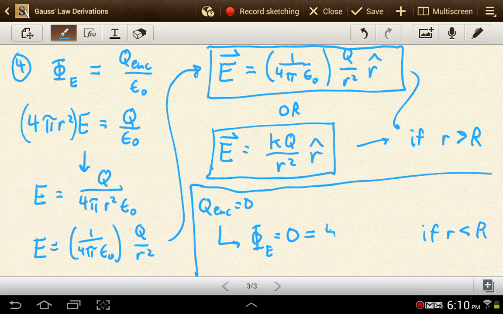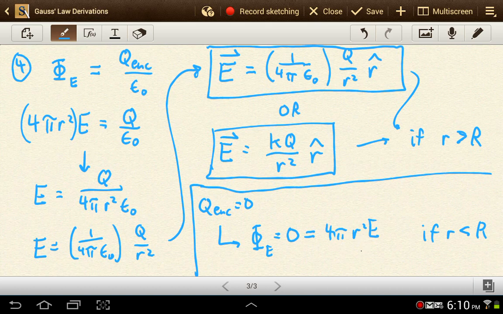And so that's going to be 4 pi r squared, times E. In order for this to be equal to 0, something over here has to be equal to 0. Well, r isn't 0, generally, pi isn't 0, 4 isn't 0, so it must be E.